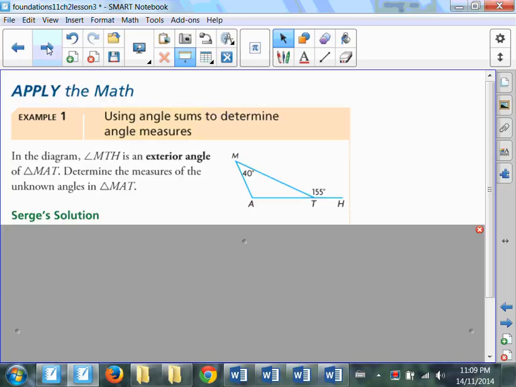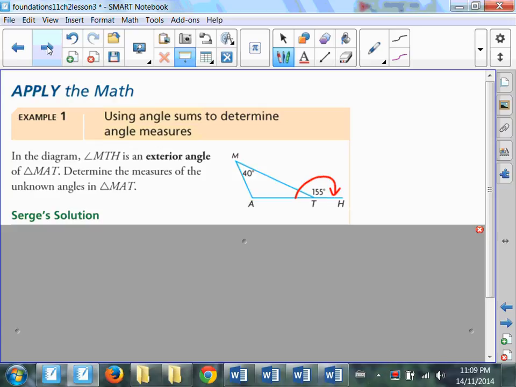So example, we got a triangle here. Find the measures of the unknown angles in MAT. So in other words, we want to find this angle, this angle. So here's what we need to know. We need to know that when we have a straight line, the sum of the angles is 180.